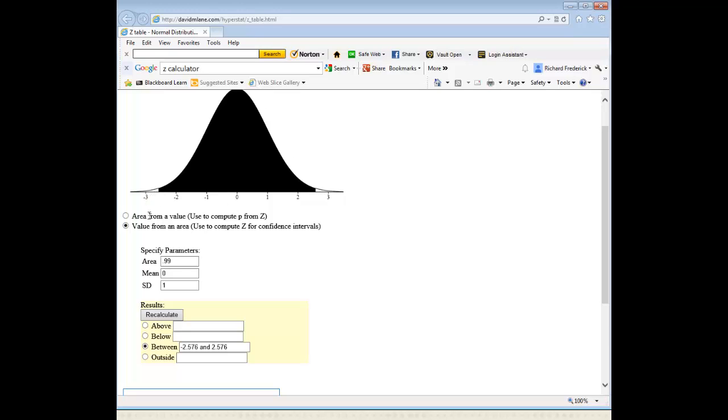Let me say it differently. 99% of all z-values in a z-distribution in which the mean is 0 and the standard deviation is 1 will fall between negative 2.58 and 2.58.